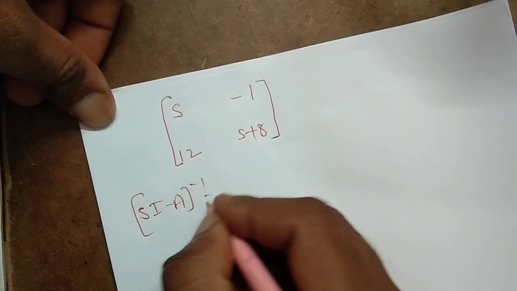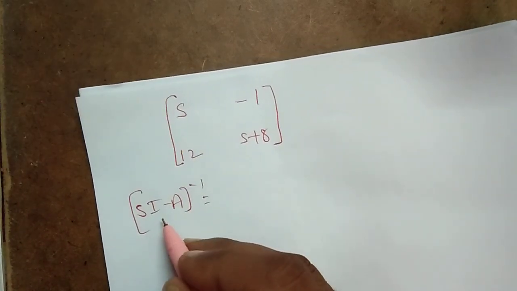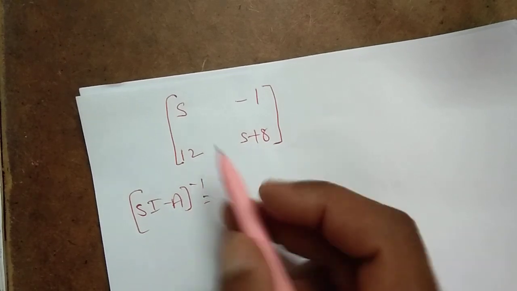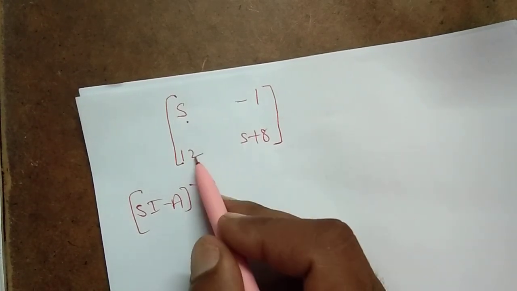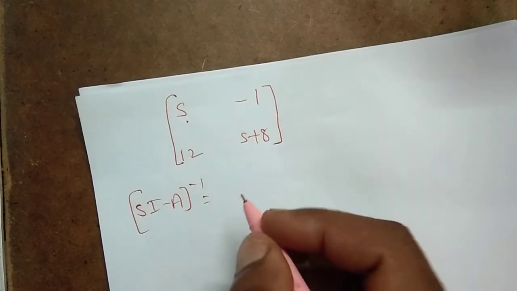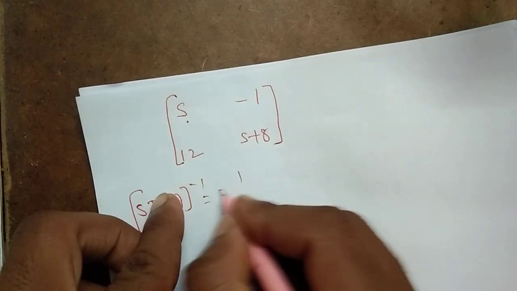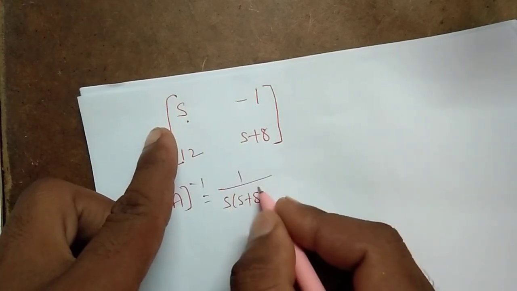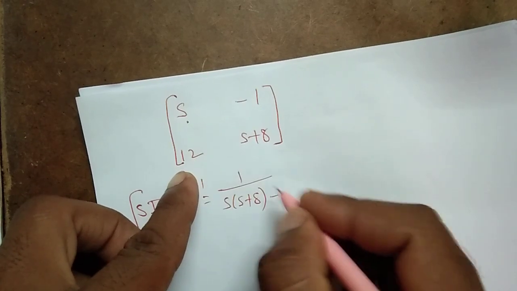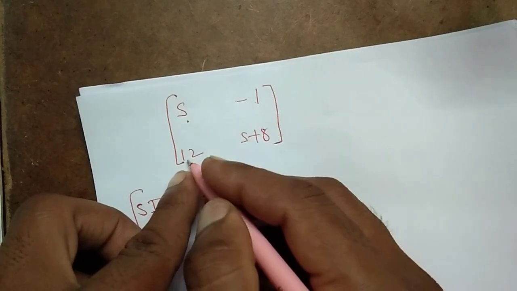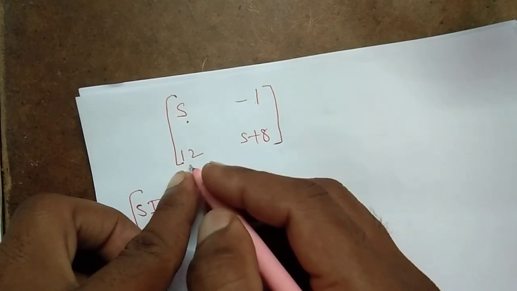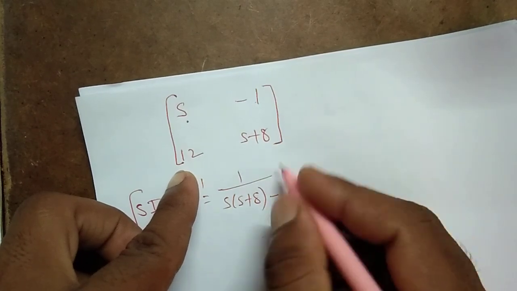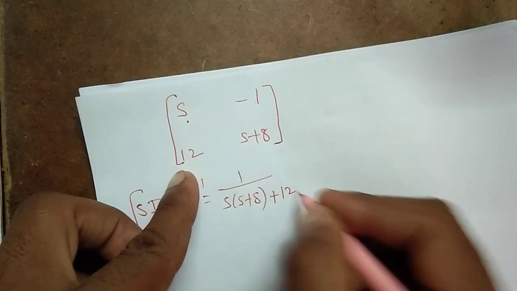After that, how to find the inverse of sI minus A? The determinant is AD minus BC, that is s into (s plus 8) minus (minus 1 into 12), which is minus minus 12, so plus 12.